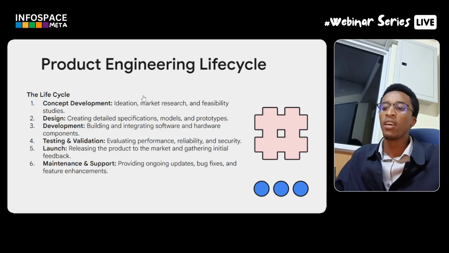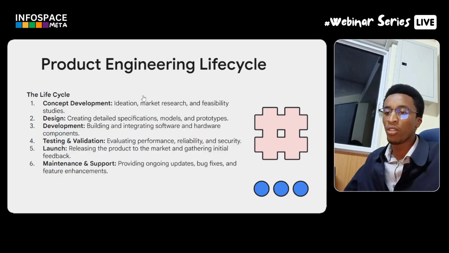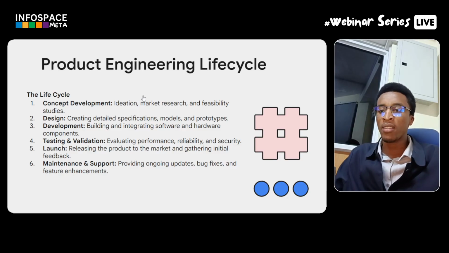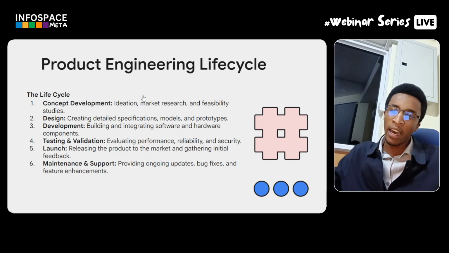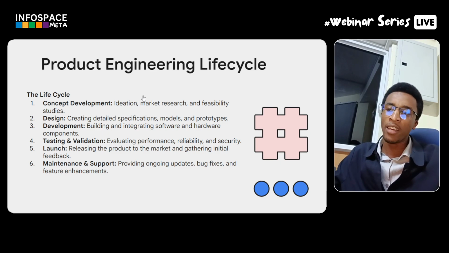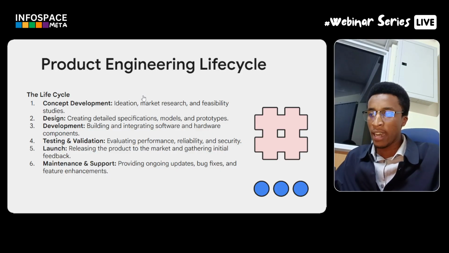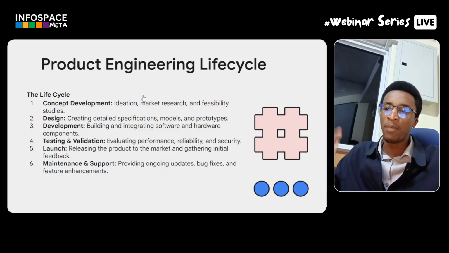And then, of course, from there, it's an iterative process. So you have to maintain and support, providing ongoing updates, bug fixes, and feature enhancements. So that is ideally what will happen in any life cycle, from development of your concept to actual launch of your product.